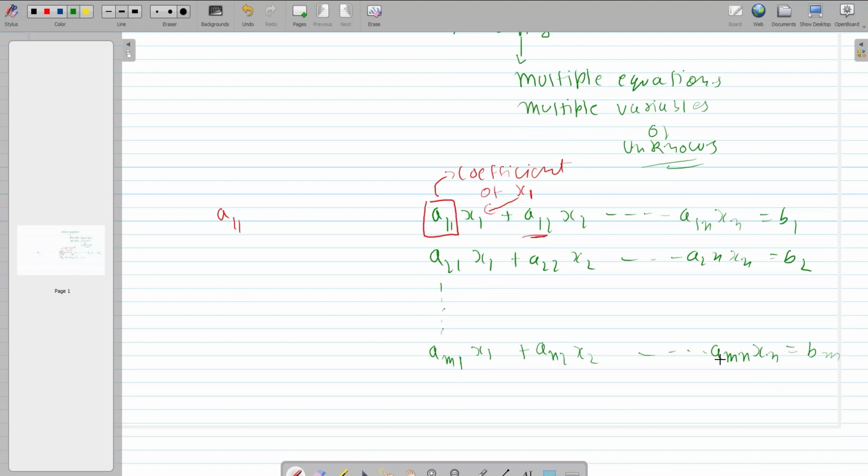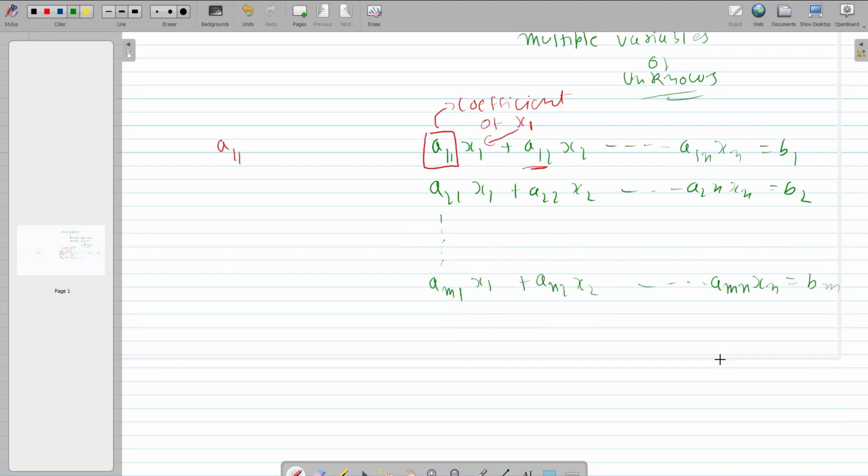These kinds of equations we can face in many fields, for example in economics. And just to make this clear, the interpretation of a11 is the coefficient of the first variable in the first equation.